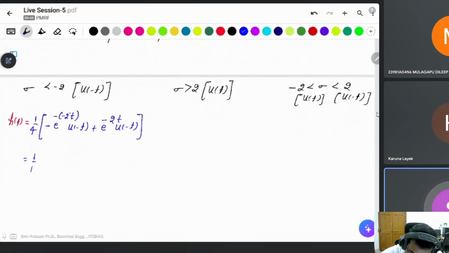It means 1 by 4, you can interchange this one, we have e to power of minus 2t u of minus t, this will be negative, then minus e to power of plus 2t, because of minus 1 will be positive, u of minus t. This is the answer for this one.